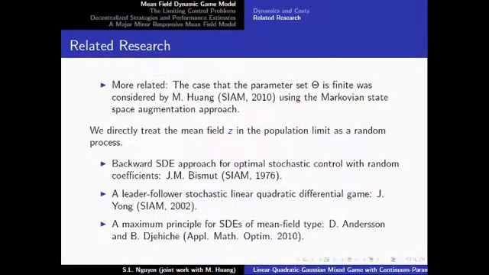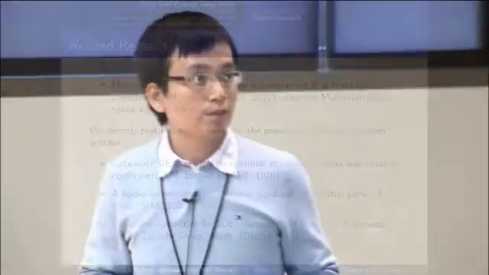More related to our talk, the case where the parameter set theta is finite was considered by Huang in 2010. In that paper, he used a Markov state space augmentation approach.